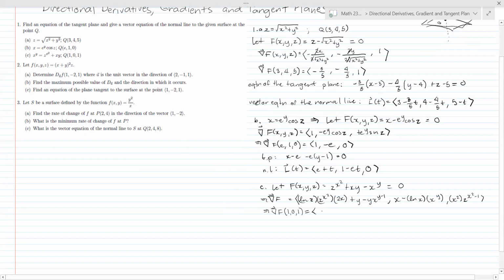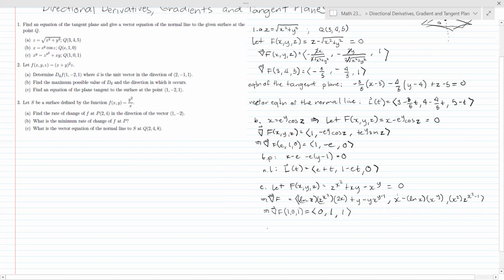So, this is 0 lang. And then, x is 1. 1 minus ln of x. Ln of 1 is 0. So, 1 lang sa second component. And then, x squared. So, 1. And then, z is 1 raised to 1 minus 1. 0. So, 1 raised to 0 is 1.